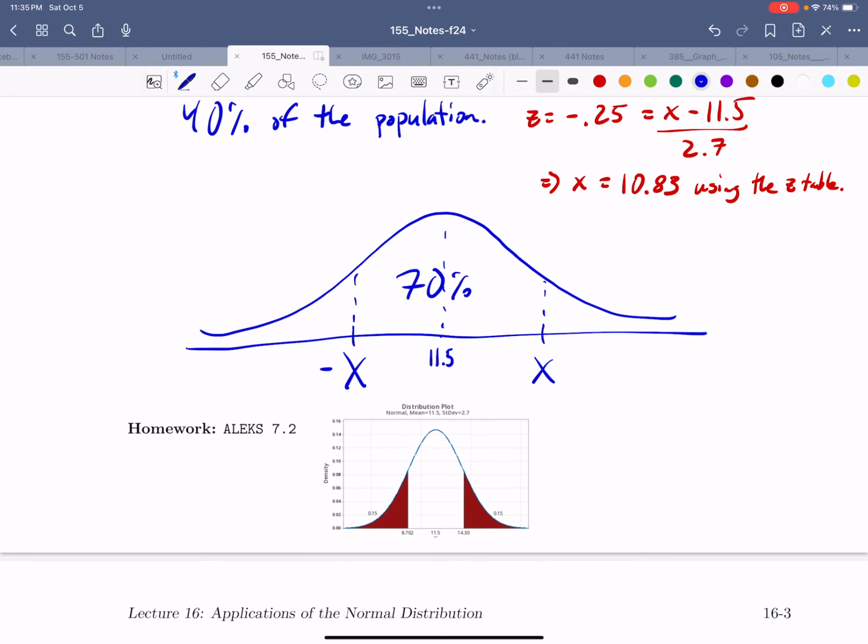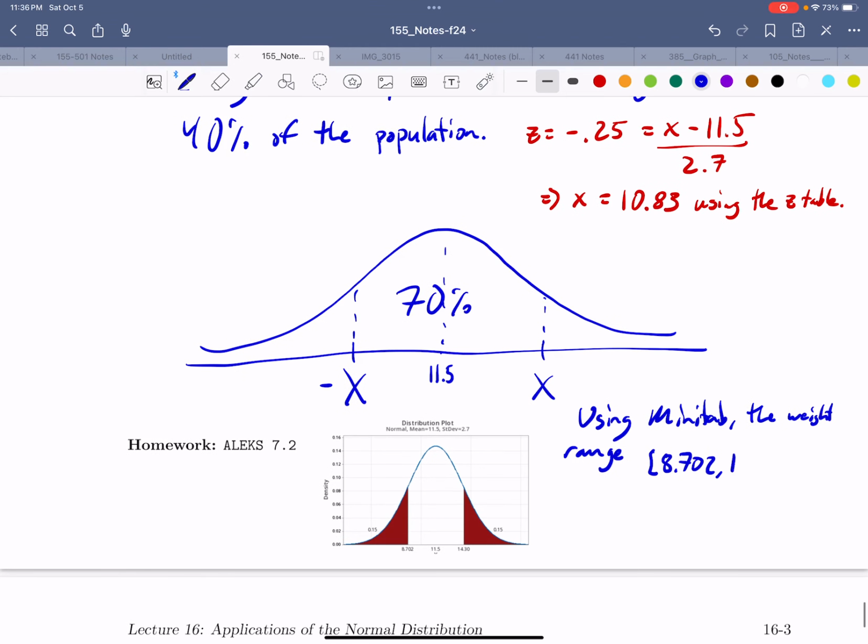So I'll just say using Minitab, the weight range of looks like 8.702 to 14.30 contains 70% of the baby weights.